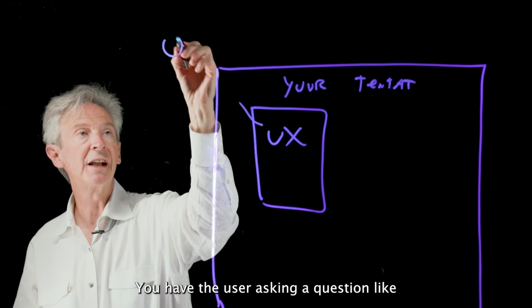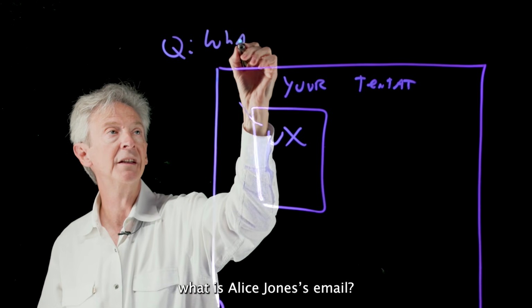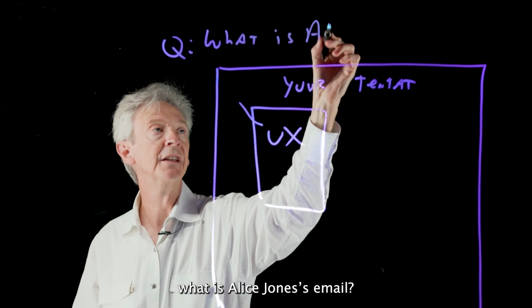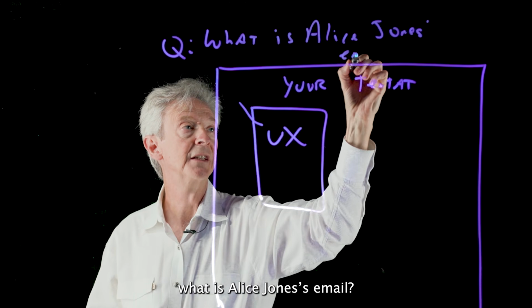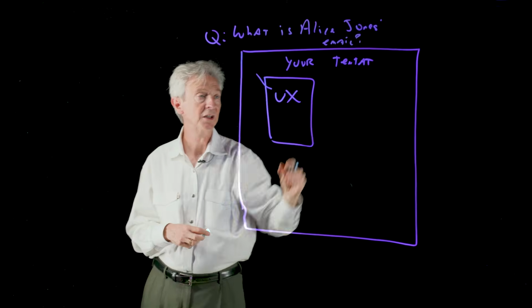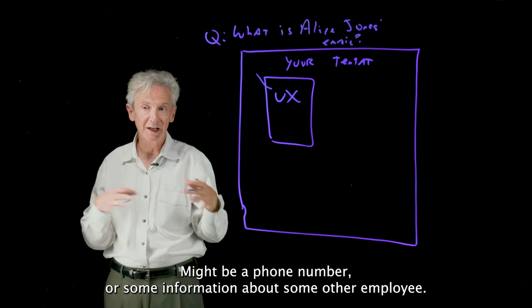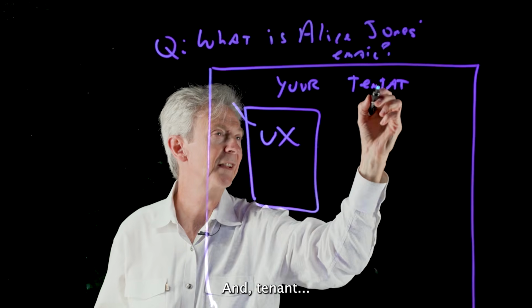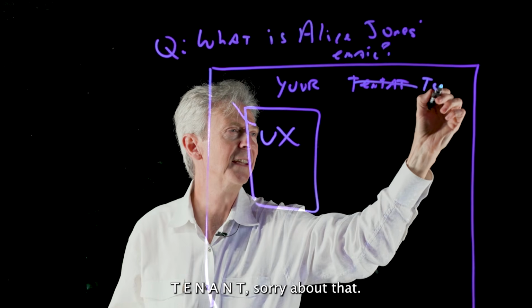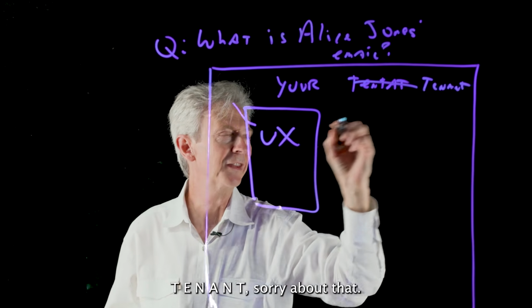You have the user asking a question like, what is Alice Jones's email? Might be phone number or some information about some other employee. And tenant, hang on, T-E-N-A-N-T, sorry about that.